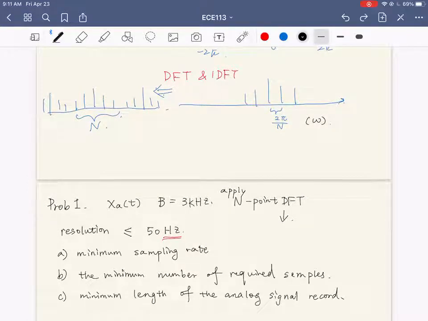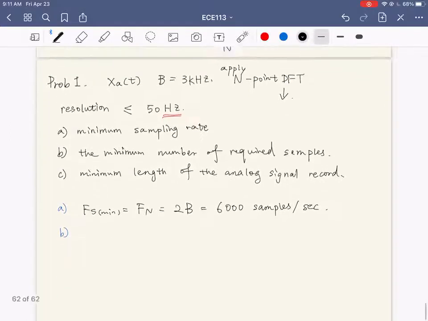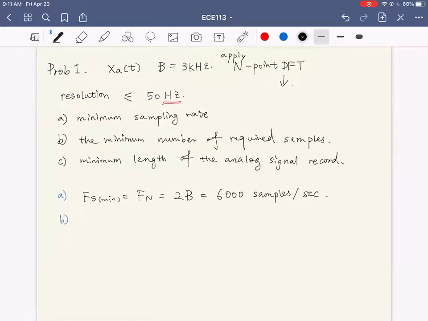So we'll need the conversion between omega and f. Like we discussed in the lecture, 2 pi over N is for omega, Fs over N is for big F, right? So this is Hertz, and this is rad per sample. All right. So in this case, we should use Fs over N, which needs to be less than or equal to 50.